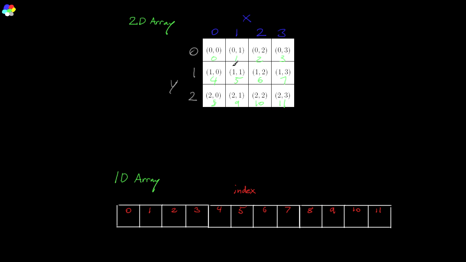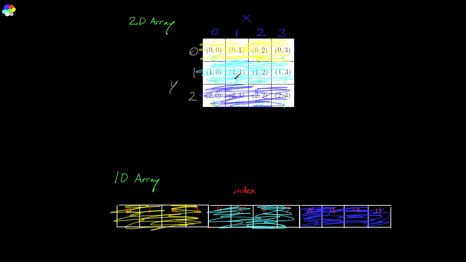So you can store this 2D array as a 1D array, and it looks something like this. So if we map this 2D array onto our 1D array, we just take these rows and lay them out one after another in the one-dimensional array.